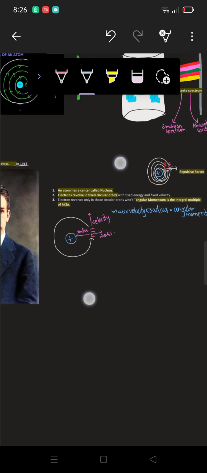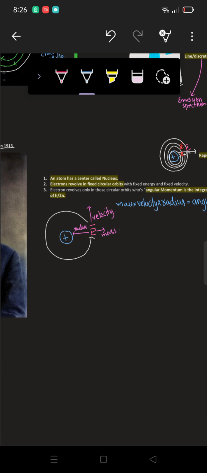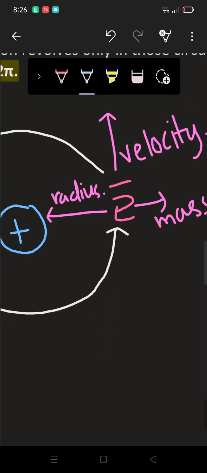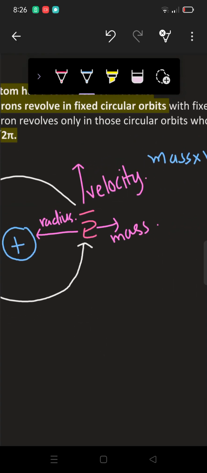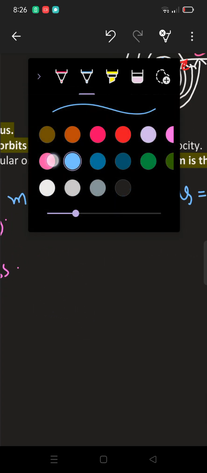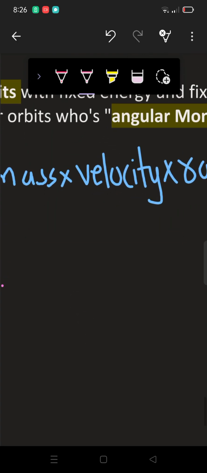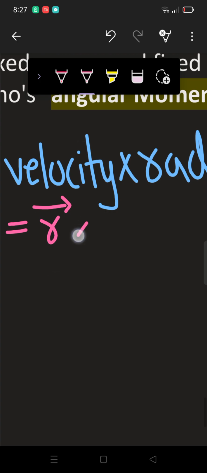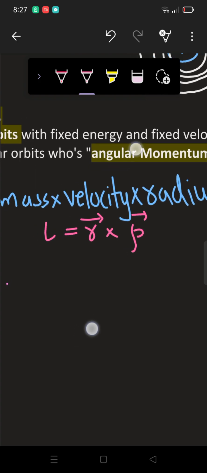Now let me tell you how this is possible. We know that it is moving with a velocity, it has a radius, as well as a mass. Suppose this is the angular momentum. It is equal to the position vector into momentum.